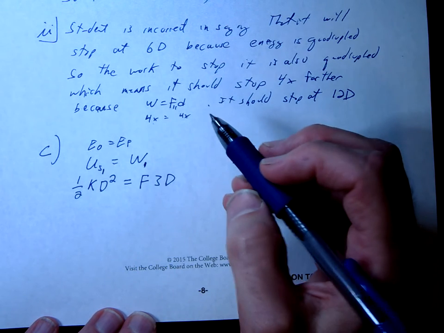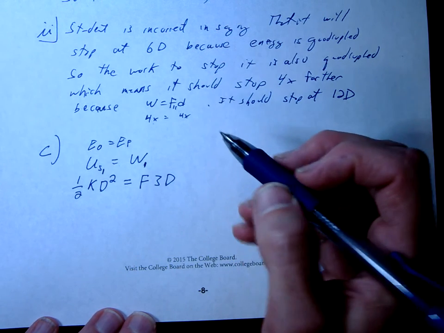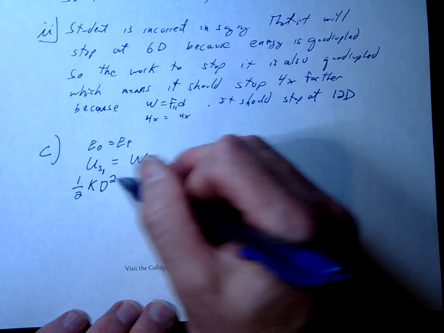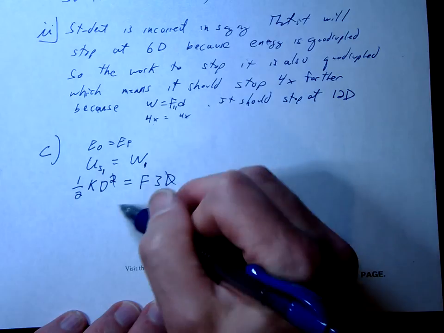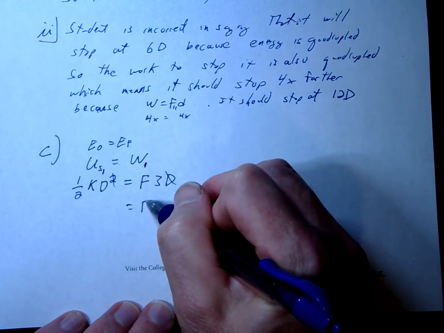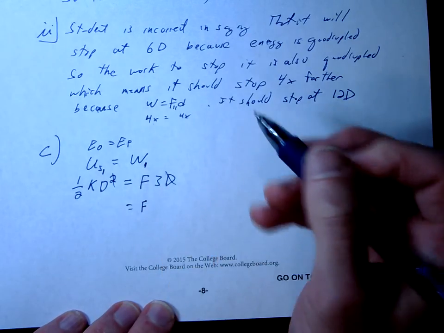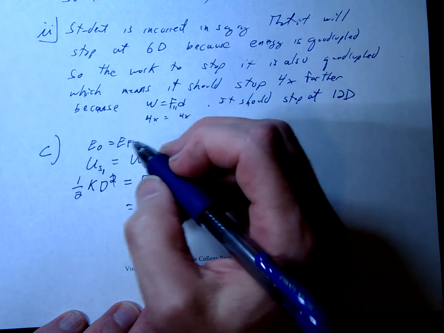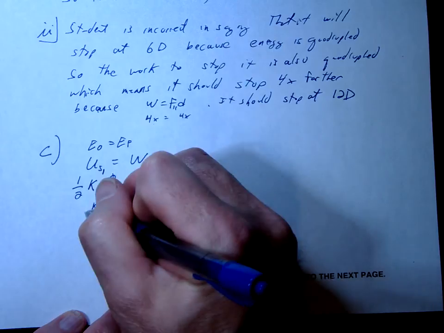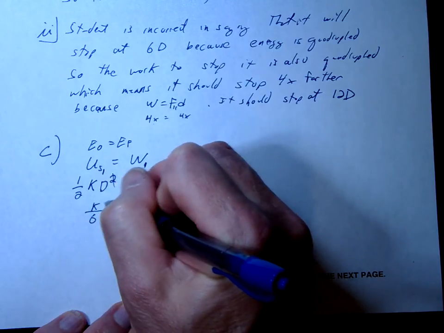So, let's see, how should we solve for this? Why don't we just solve for f? So f is equal to k over 6 times d.